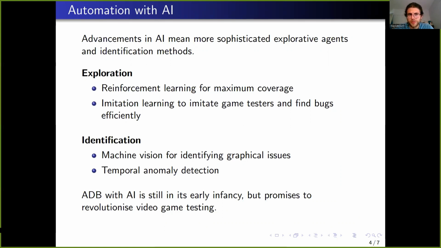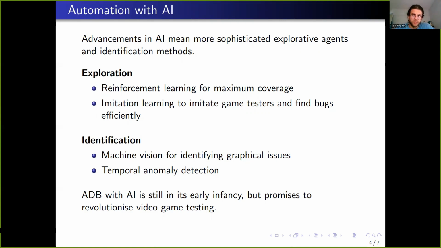There's also been some advancements in methods for identification with AI, like in machine vision, and particularly for anomaly detection in video and in images. I should say that automated bug detection with AI is still in its infancy. There are not that many works that look at this problem, particularly the identification problem, although it's starting to get more attention. But the promise is to revolutionize video game testing.